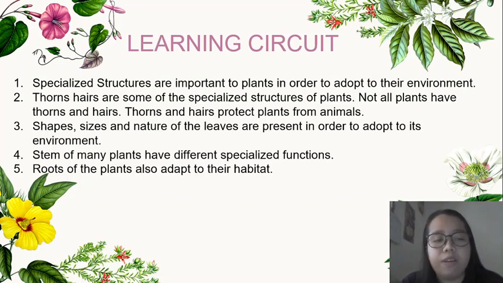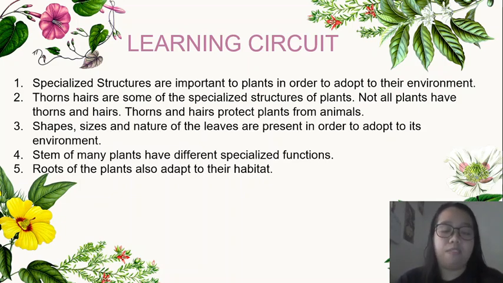And number three, the shapes, sizes, and nature of the leaves are present in order to adapt to the environment. For example, banana leaves are big and wide because they can trap more energy from the sun.